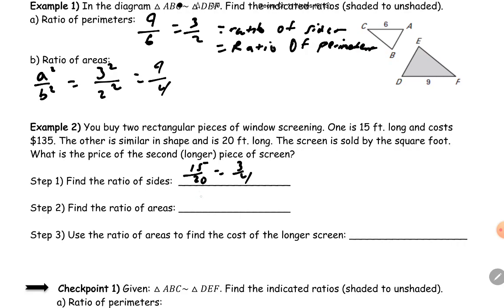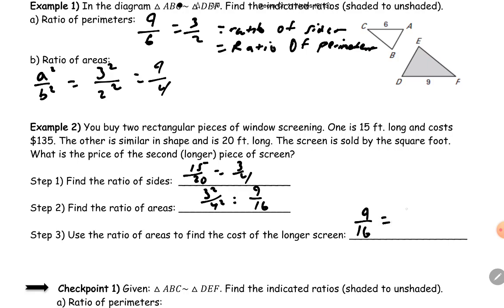Now we're going to find the ratio of their areas, because if we know the ratio of their areas, we can find out how much the larger screen would cost. So 3 squared over 4 squared is 9 over 16. So we know that the ratio of areas is 9 to 16.